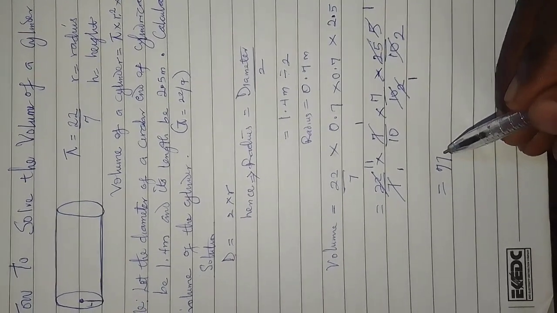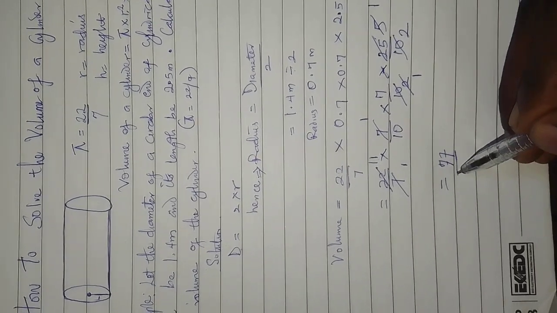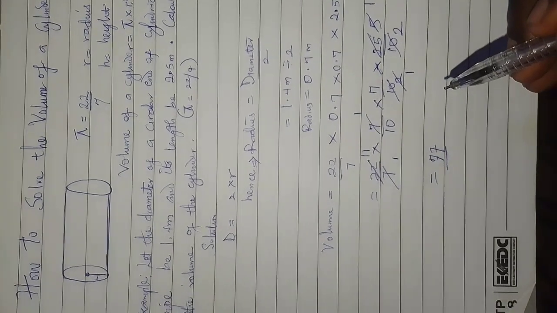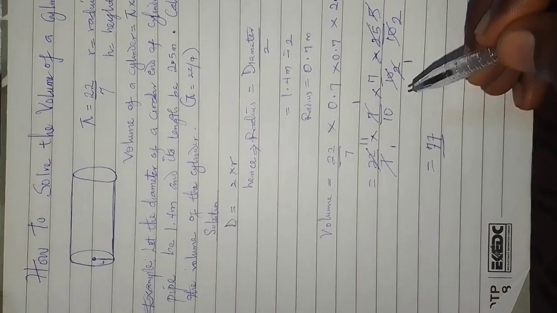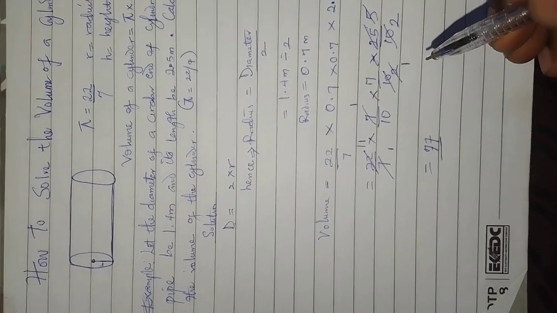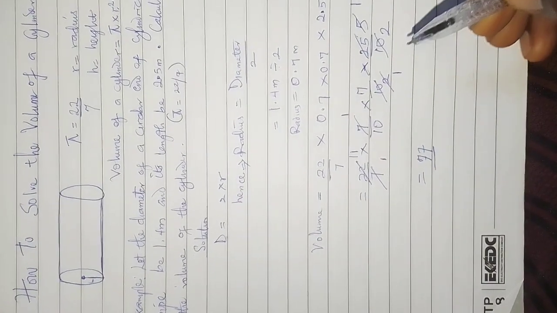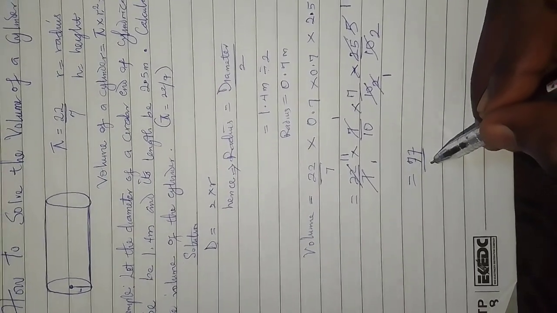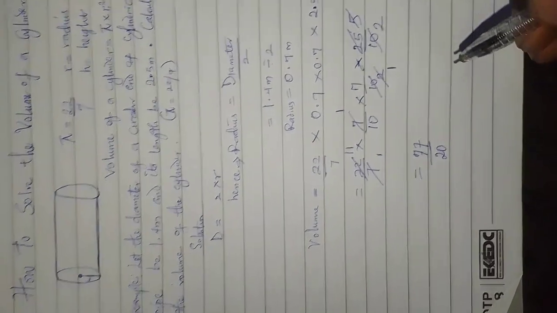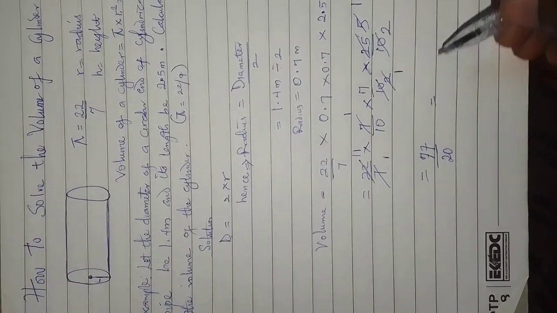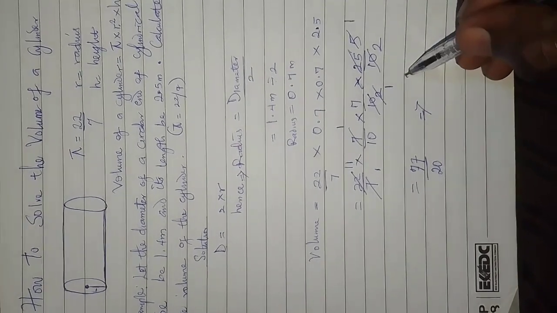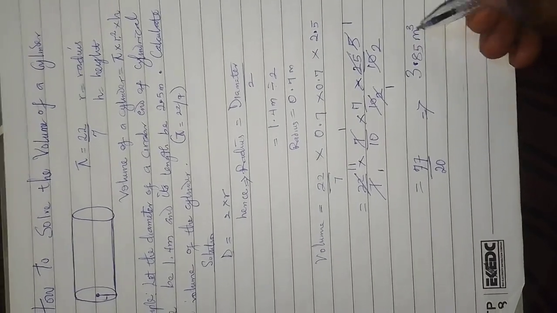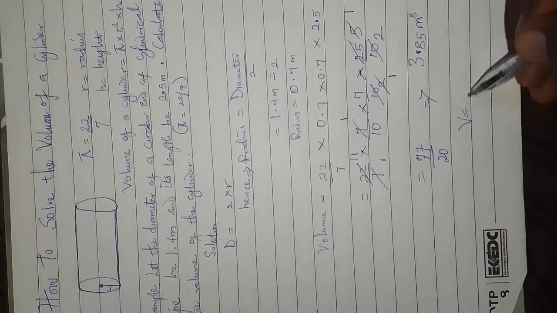Then, what is our denominator? 1 multiplied by 10 is 10, multiplied by 1 is 10, multiplied by 2 is 20. So we have 20. And in this case, our final answer will be 3.85 meter cube. And that is our volume.